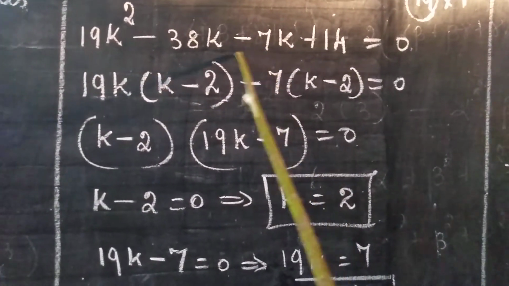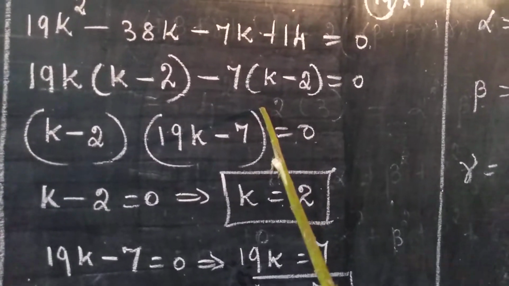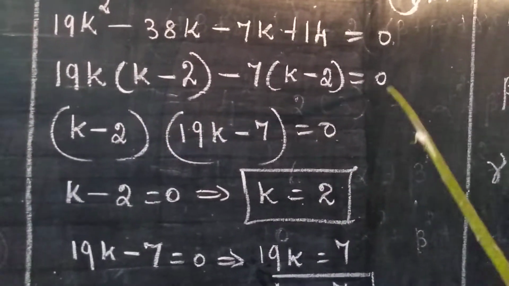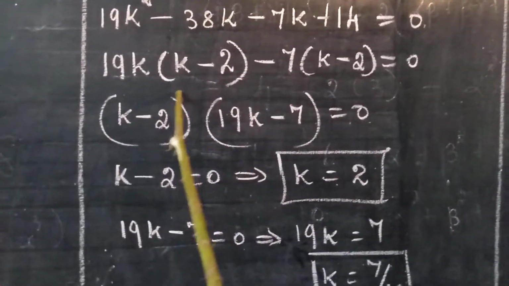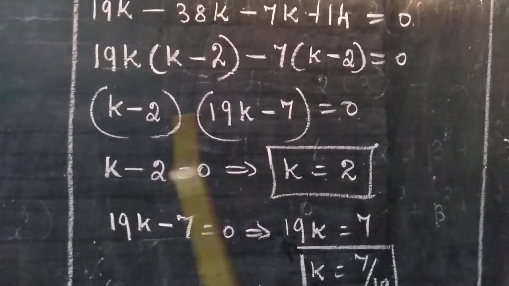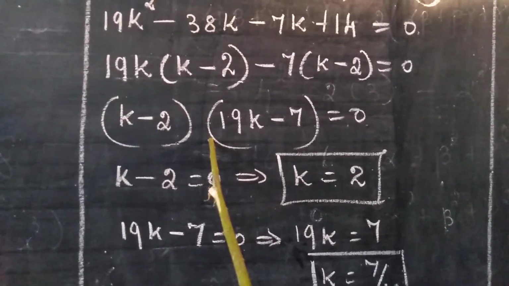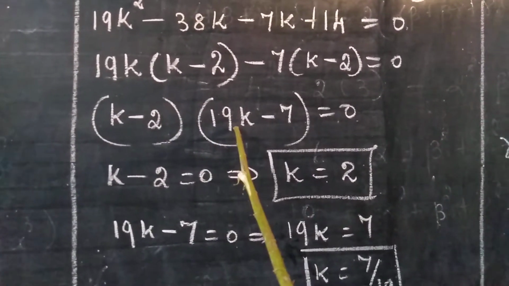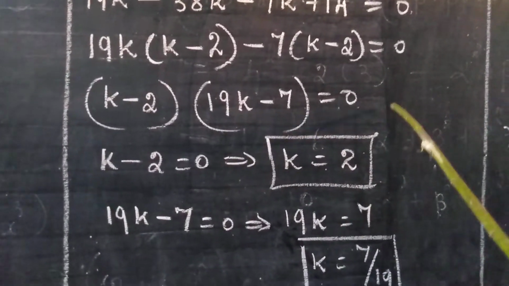For these two terms the common term is minus 7; if you take it out, the remaining will be k minus 2. Now again we see the common term for these two is k minus 2. If we take it out, the remaining term is 19k minus 7 is equal to 0.